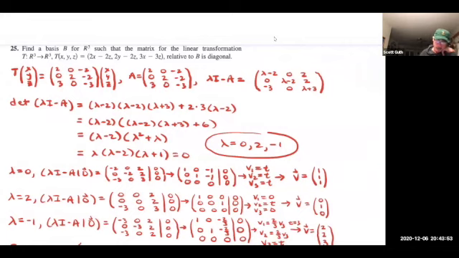Here's the transformation described this way, but you want to write this in column vectors and get the standard matrix here. Then I'm just going through the process of finding the lambda I minus A matrix, taking its determinant and hopefully factoring it and getting 3 eigenvalues or less.